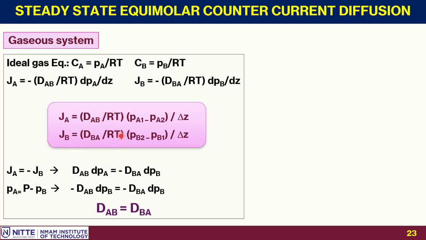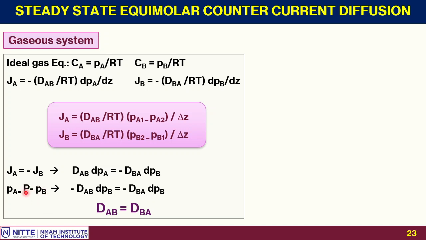So this RT gets cancelled, delta Z gets cancelled, and also I know by Dalton's law that total pressure will be equal to the summation of two partial pressures. What I'll do is rewrite delta PA in terms of PB. If I differentiate this equation, I'll write dPA is equal to differential of total pressure minus differential of PB.